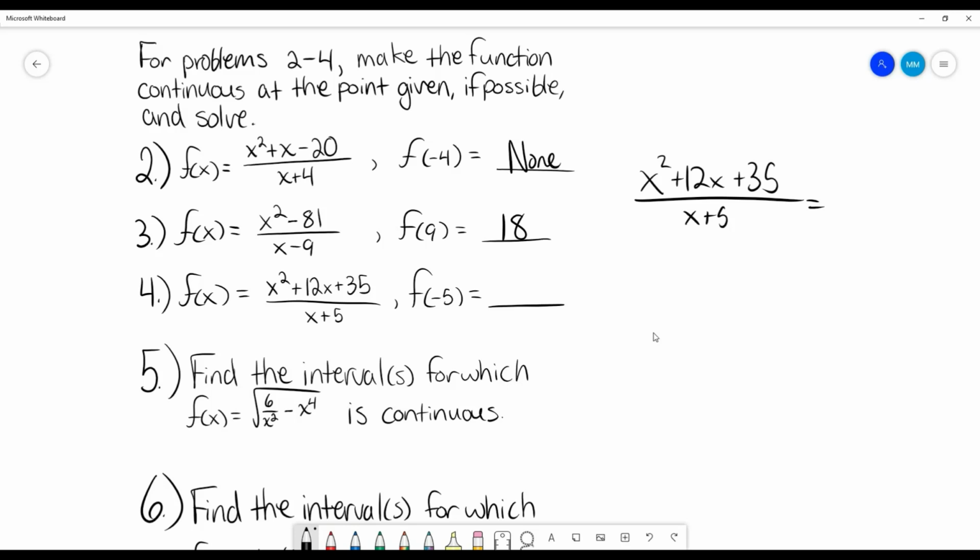So if I factor out this top bit, it's going to turn into, I believe, x plus 5, x plus 7, which means that we can cancel out those x plus 5s and we're left with this x plus 7. So if we plug in -5 for x, our answer is going to be 2. So that's what the value of the function at that point would be if it wasn't discontinuous at that point, is what we just found.